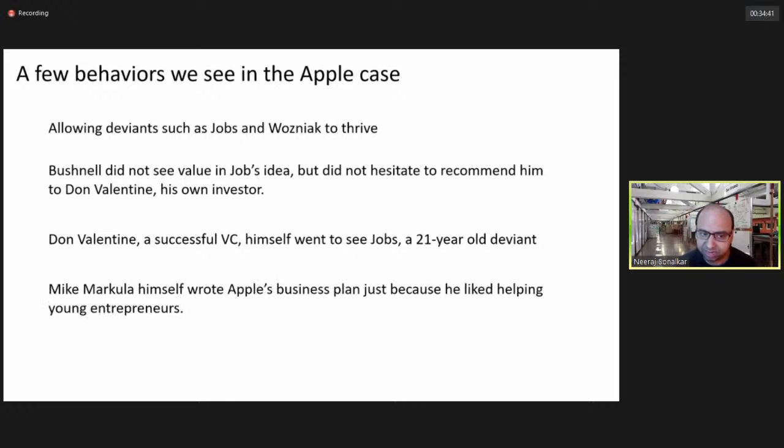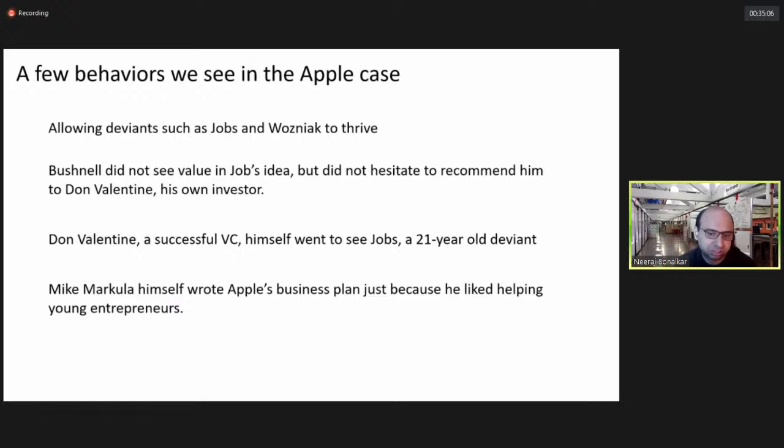The fourth thing is Mike Markkula. Mike Markkula was a very successful man. He had retired by the time he was 32. He had made so much money by then through Intel. But he still helped youngsters. He helped them because he liked helping them. He did not go to them and say, okay, how much percentage will you give me? And only then, if you give me something, I'll do something for you.